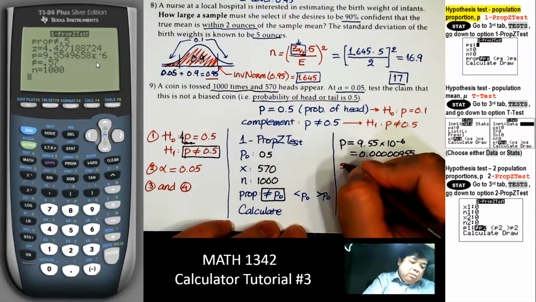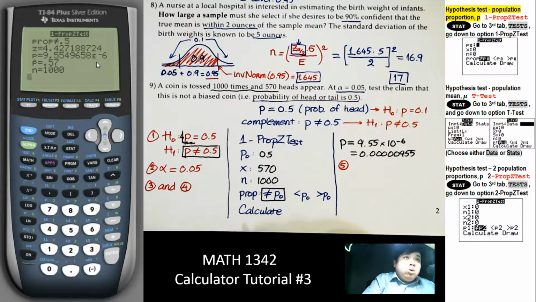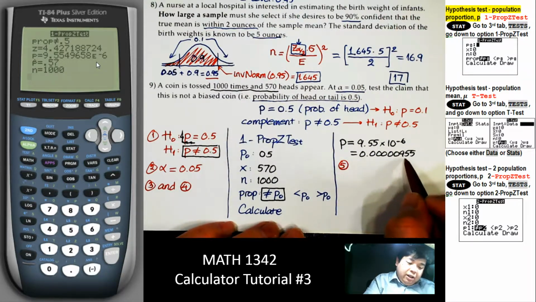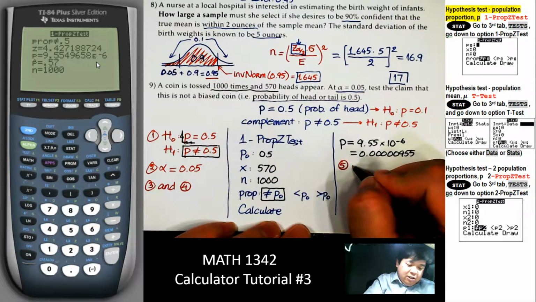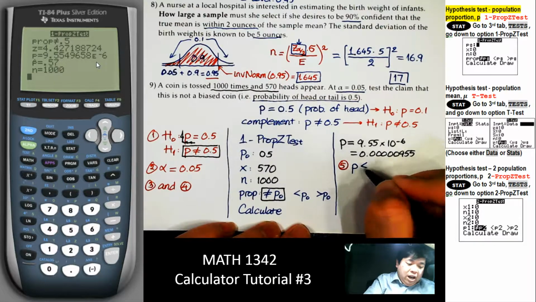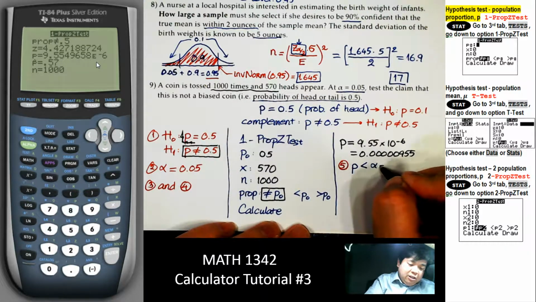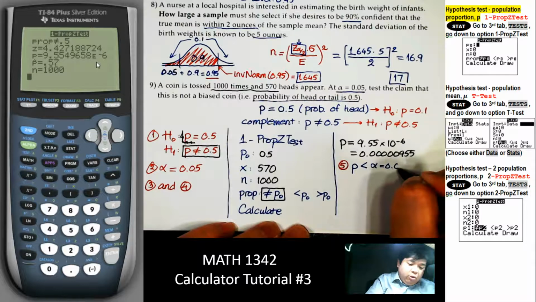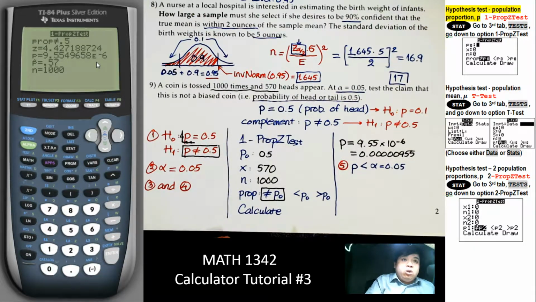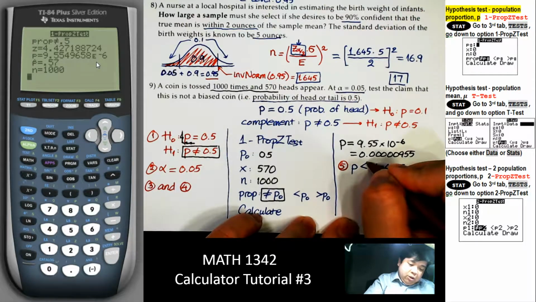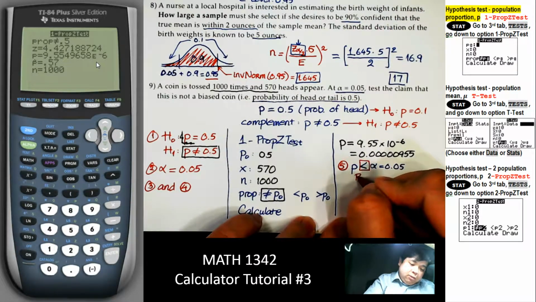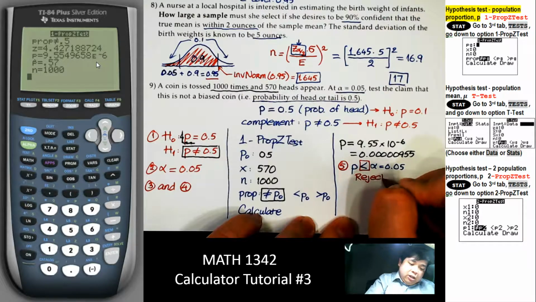And then the last step is the conclusion. So the conclusion here: we have p is a very small number that is way less than alpha, 0.05. That number is less than 0.05. If p is a small number and less than that, we will reject the null hypothesis. So less than, reject.